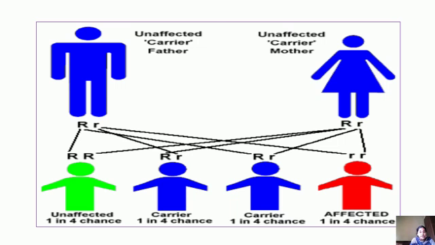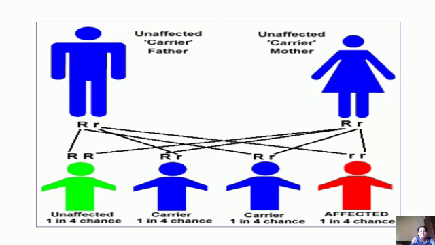To express the disease, you need to have a homozygous recessive condition, that is small r, small r. Clear? And when a person is a carrier, that means they carry only one copy of that recessive allele, that is one small r.